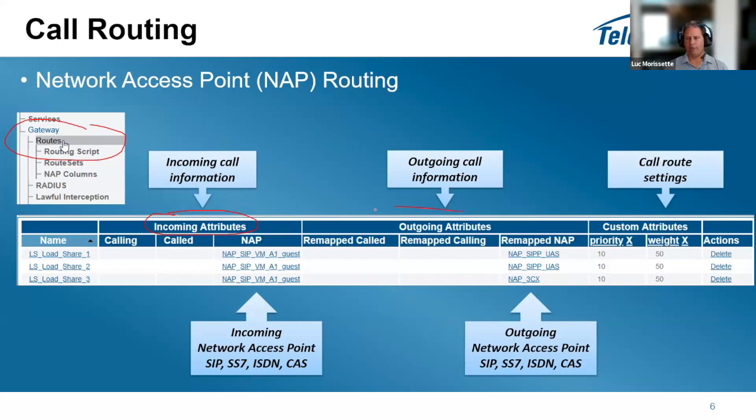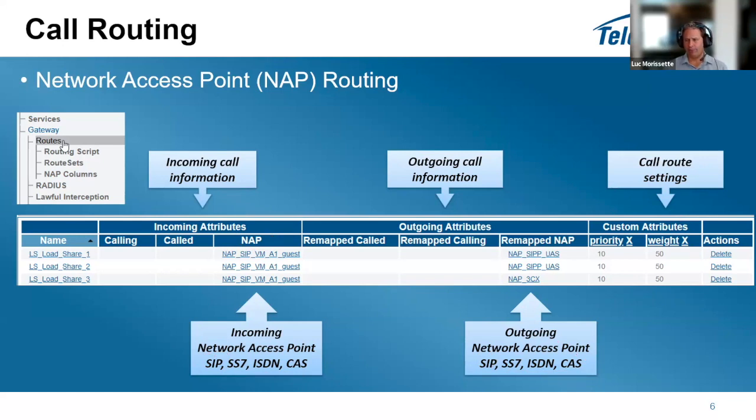Then you have outgoing attributes, which is information that is going out to the outgoing network. And then you have additional route settings that can be done here for different functionalities. Right? So the incoming and outgoing network access points are here. These can be, of course, SIP networks or other TDM protocols. And the outgoing NAP, same thing, can be SIP or other networks here.